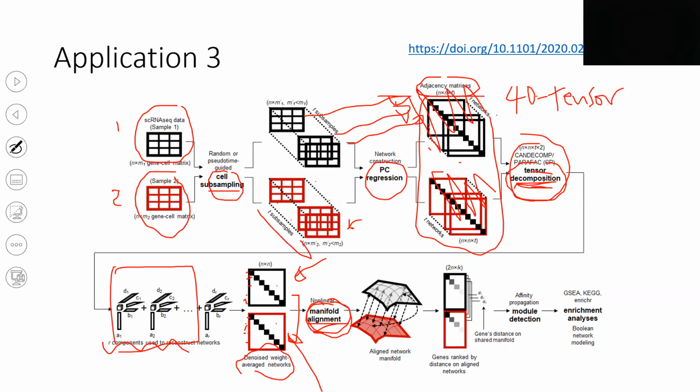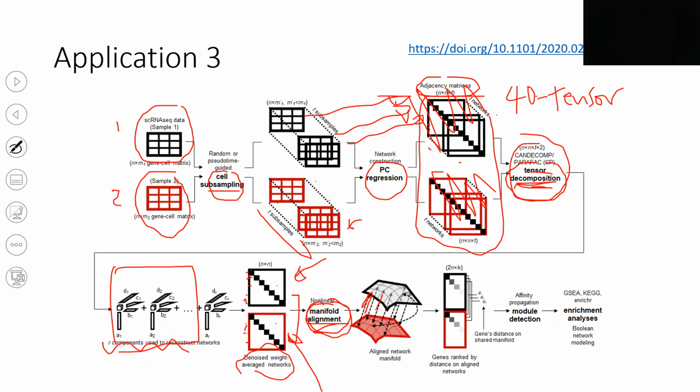After alignment, we assume they have been projected onto a lower dimensional space into the shared components by default, and then we look at the same gene's distance. If they align, the same gene in the two samples should be very close to each other. Those genes which are far away from each other have had their expression profile changed greatly across the samples.